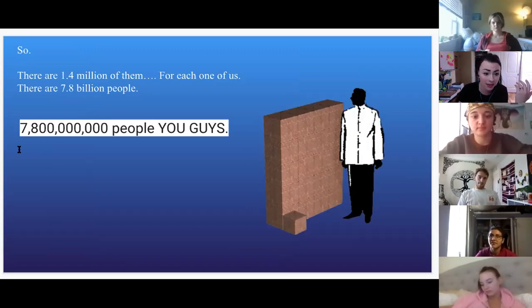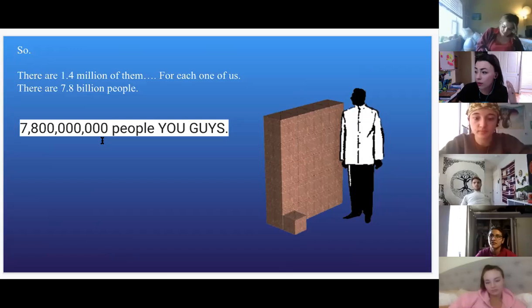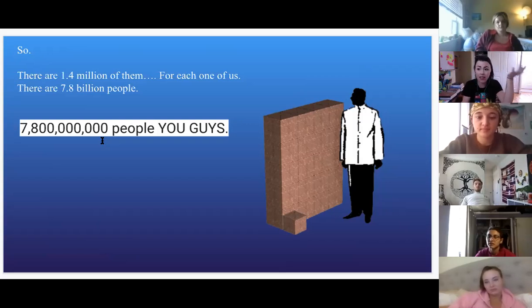And if we've got 7.8 billion people, they think that before our population spiked to how insane it is now, the biomass of ants was actually larger than the biomass of humans. So physically, if you took all of our bodies together and you weighed them, the ants would weigh more than the humans.